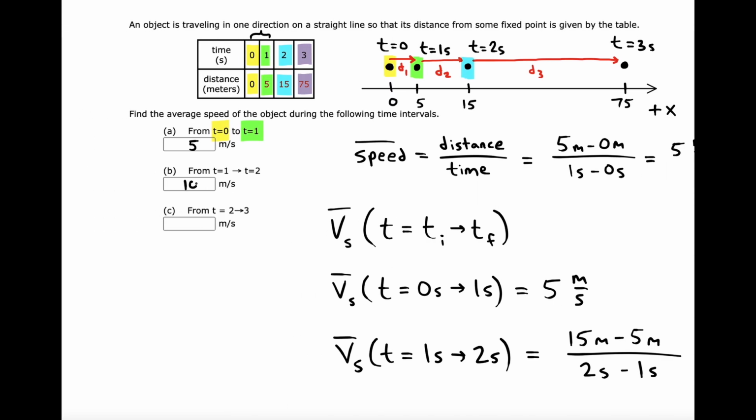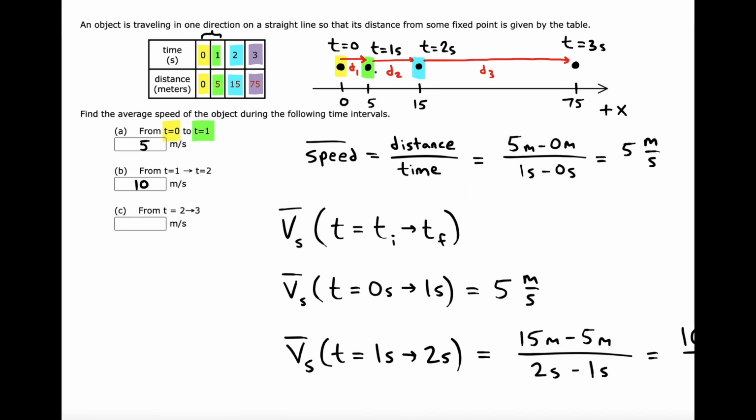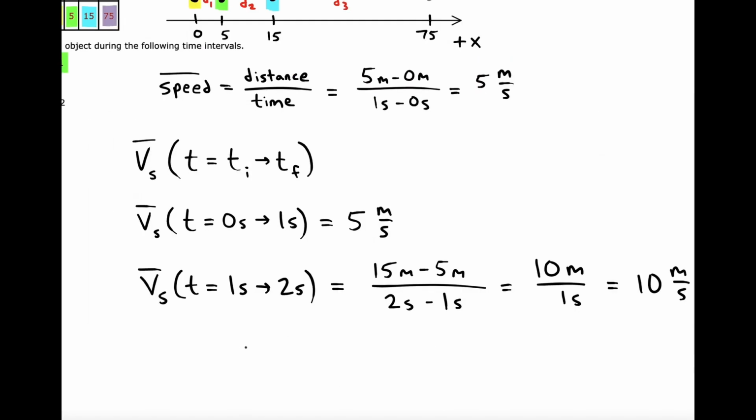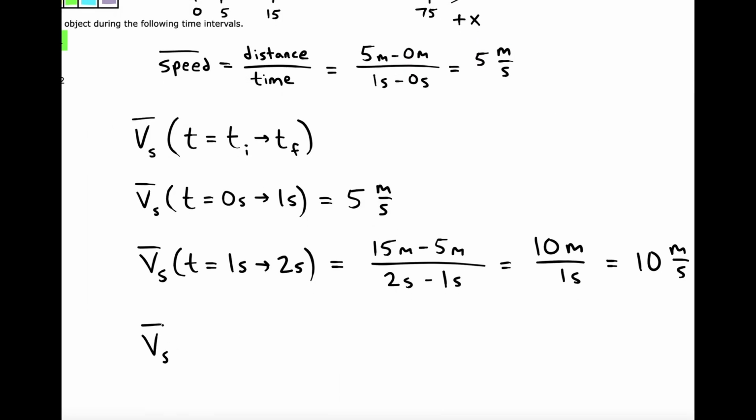So this is an object that's apparently speeding up as time goes on. Because for the first second, it only traveled 5 meters, but then from 1 to 2 seconds, it had traveled twice as far. Okay, lastly, I'll do the final interval from t equals 2 to 3.